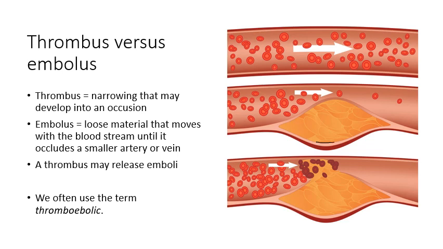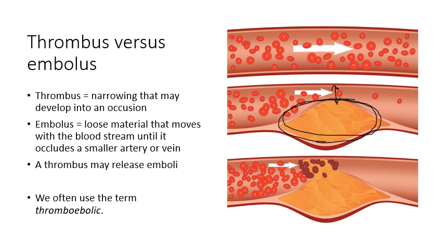So as you have a buildup right here of plaque, you will narrow the lumen, and this part right here is called a thrombus. It narrows the lumen on site. If this is released and starts flowing down, starts going with the blood flow, then we call it an embolus. An embolus is loose material that moves with the bloodstream.